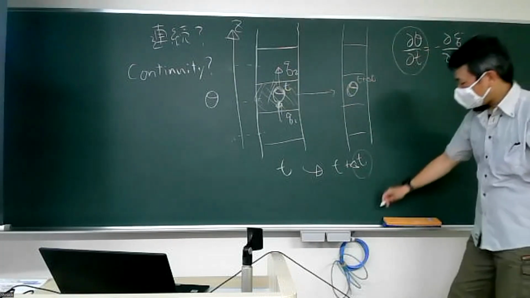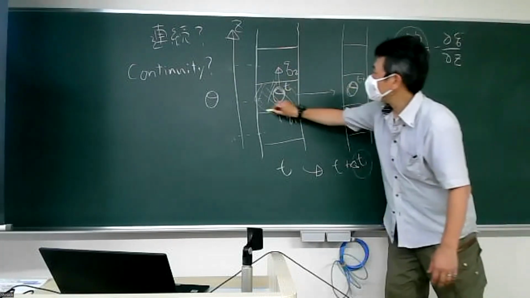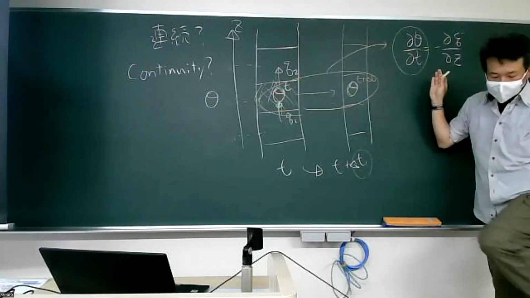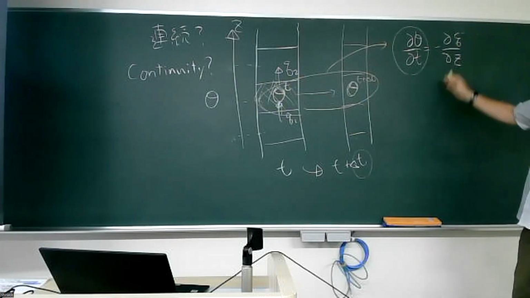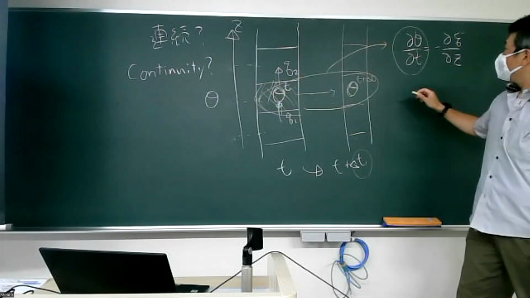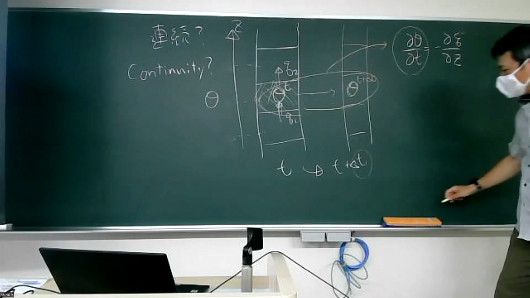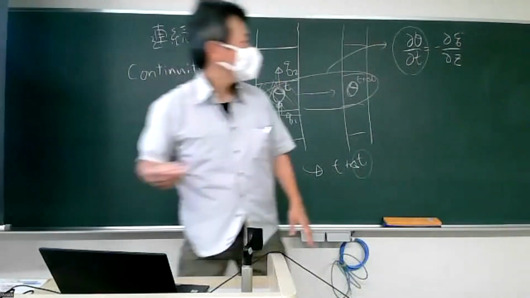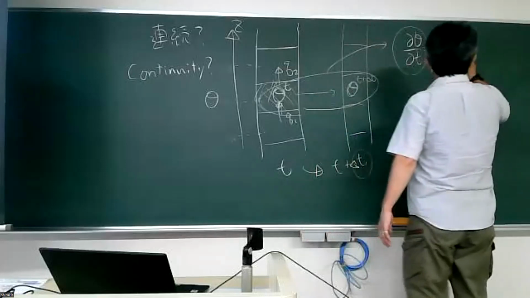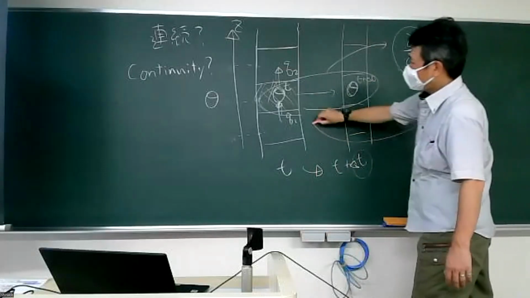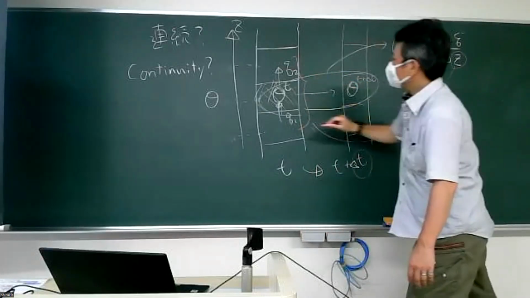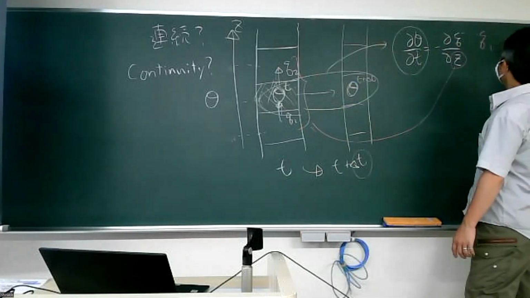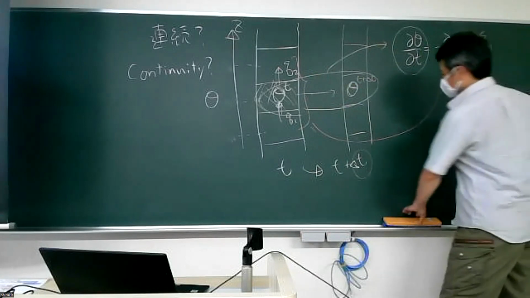So this is the change of the theta. It's the left one, and the right one means the difference in z. That means the change of the Q1 to Q2.